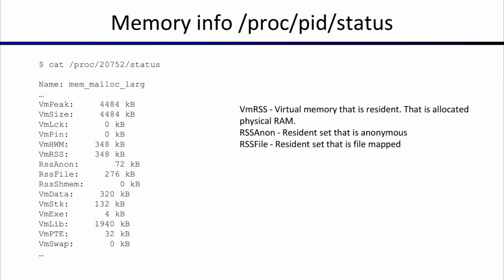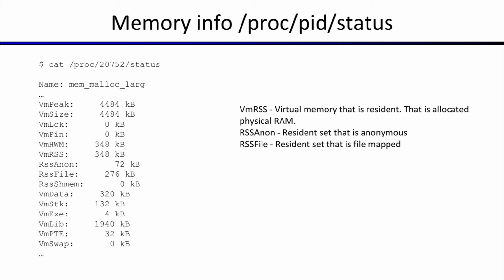Then you can go further down and it tells you the virtual memory of the data segment, 320 kilobytes, the virtual memory of the stack that we're using, VmExe for executable, VmLib for shared libraries, VmPTE for the page table entries. We're taking 32 kilobytes of virtual memory on that. So 32 kilobytes will mean it is 8 pages of 4 kilobytes each.